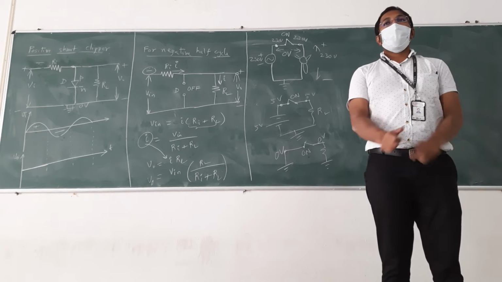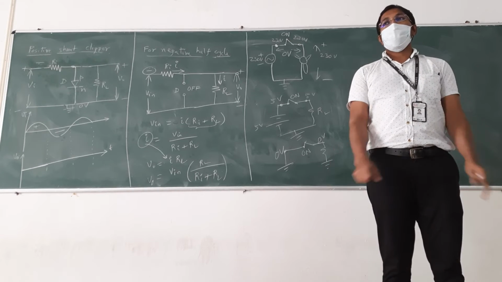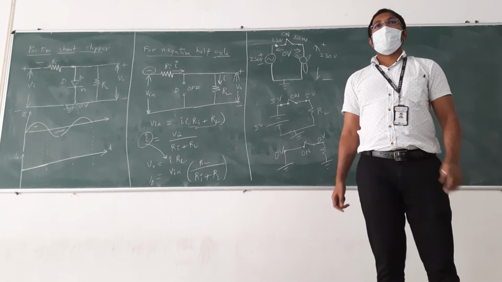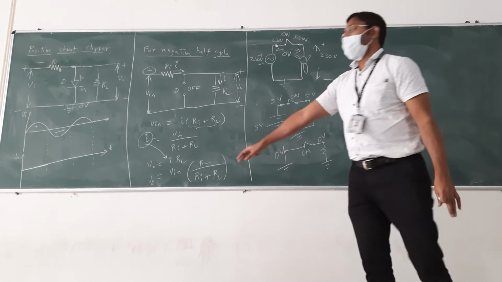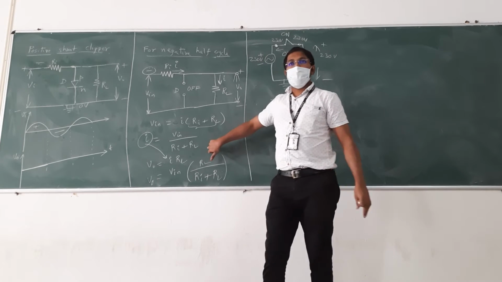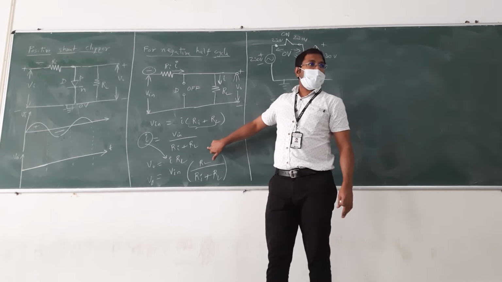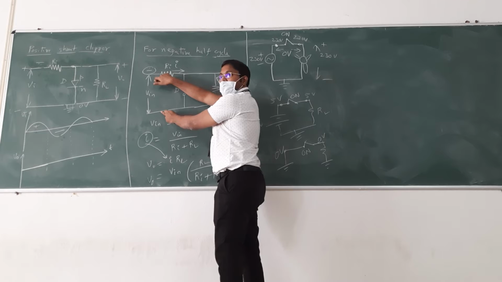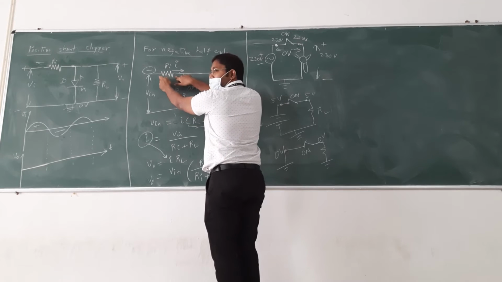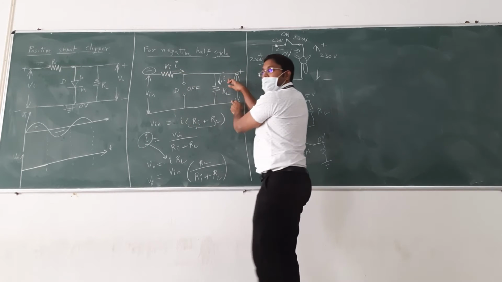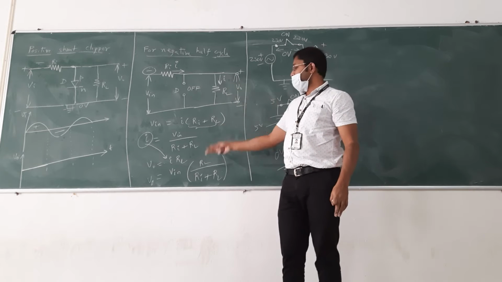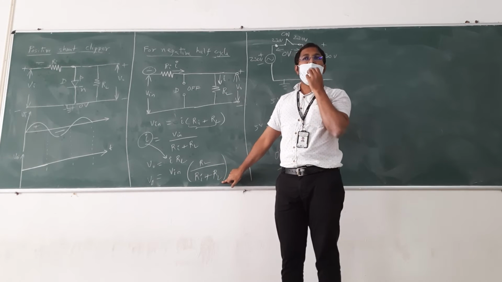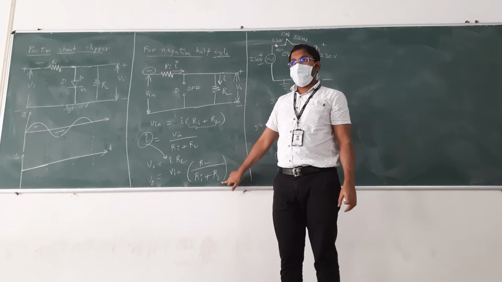Have you studied the voltage division rule? Have you heard? What is the formula? This is the voltage division rule. Okay? What is happening here? The voltage V in is divided between this R_i and R_L. This is nothing but the formula for the voltage division rule. Okay?